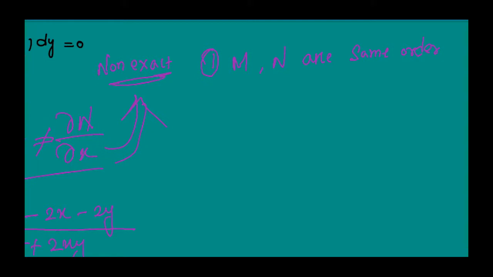Then what will happen? The integrating factor is directly calculated as 1/(Mx + Ny), where this should be not equal to 0. And what is Mx? M times x, not ∂M/∂x.